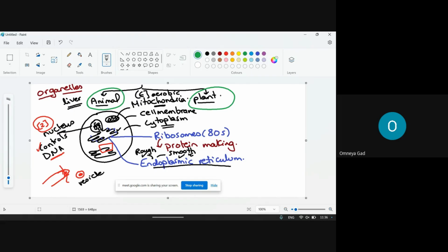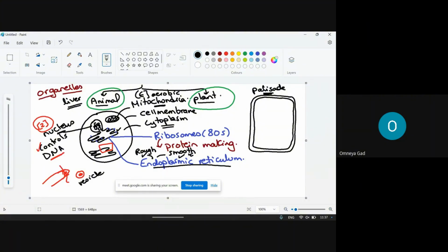Okay. What about the plant cells? What other things do they have more than these organelles inside the cell? Let us draw generally how the plant cells look. There is a main layer in the plant called the palisade layer, and these cells are mainly responsible for photosynthesis.